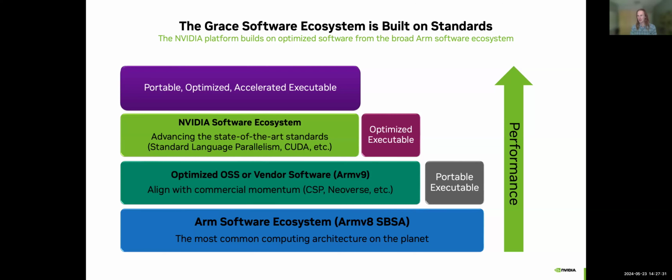That platform targets x86, it targets ARM, it runs with and without GPUs. And so once you're running at that level, it kind of doesn't matter if you're on Grace or on x86. But that's where you get the most performance, you get the most access to the latest features that we build in things like Grace Hopper, is when you're working with the NVIDIA software ecosystem.